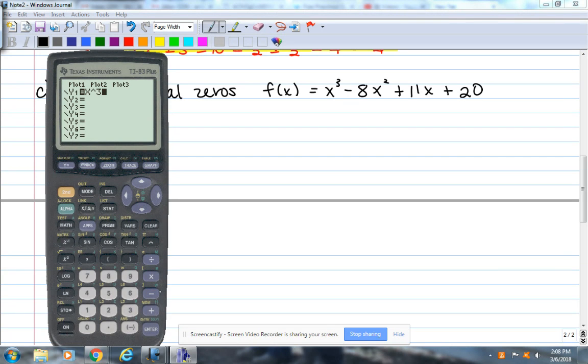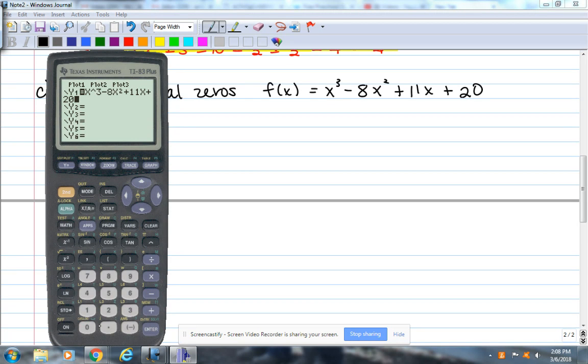Now, y'all, for minus, you need to hit the blue minus, not the little negative at the bottom. You got to hit the blue minus over here. Minus 8x, and the square button is diagonal from the 7. So that one actually has a button. Plus 11x plus 20.